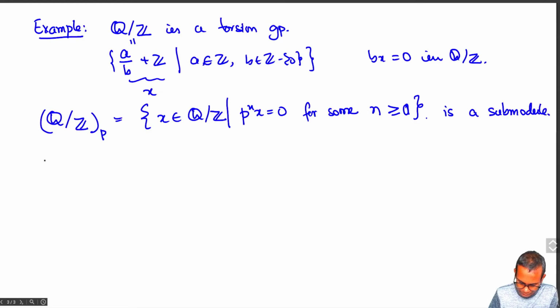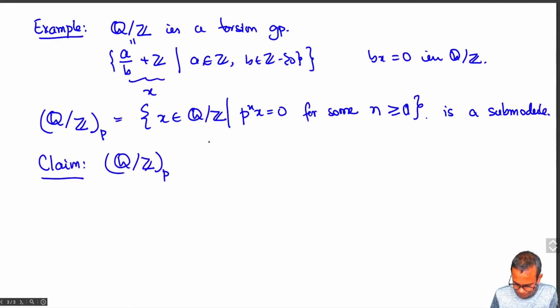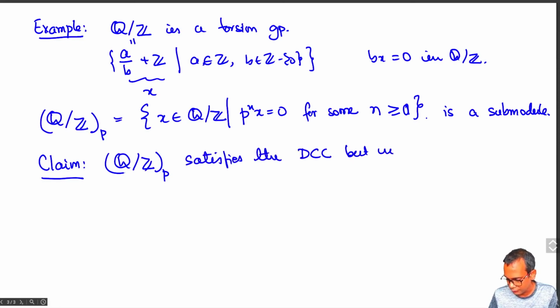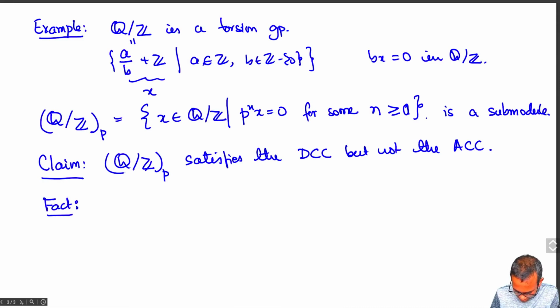I claim that Q mod Z p satisfies the DCC, descending chain condition, but not the ascending chain condition. Well, to prove this, you use the following fact, which I will leave as an exercise for you to do.